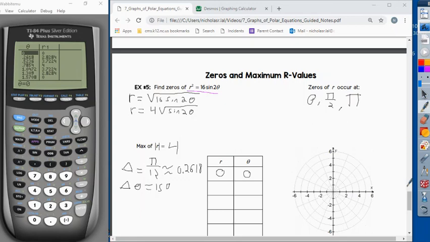Alright, so we also have a symmetry test. For our symmetry test, remember we have values at 2.83, pi over 12 and negative 2.83, pi over 12.